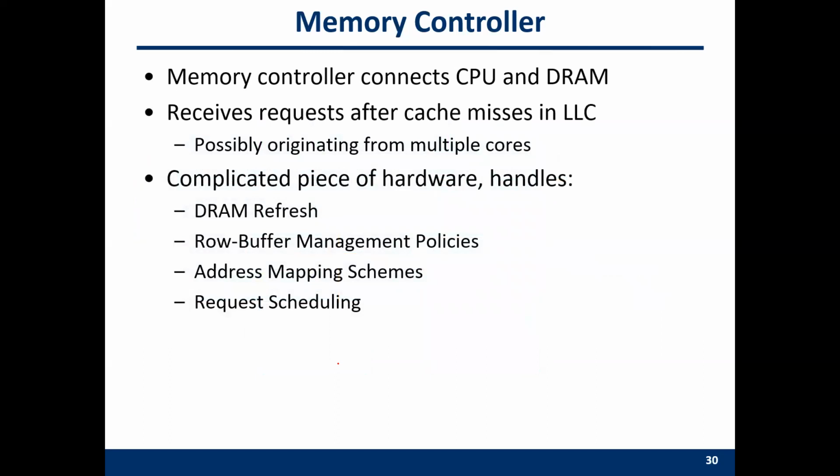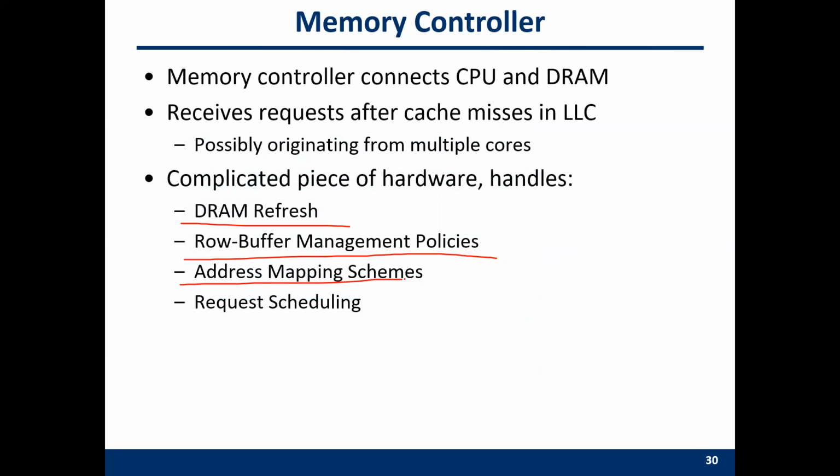Memory controllers start to work after you have a cache miss. It needs to manage, of course, the read and write operations to the DRAM. It also needs to manage the DRAM refresh, the open row, close row policy, and mapping.